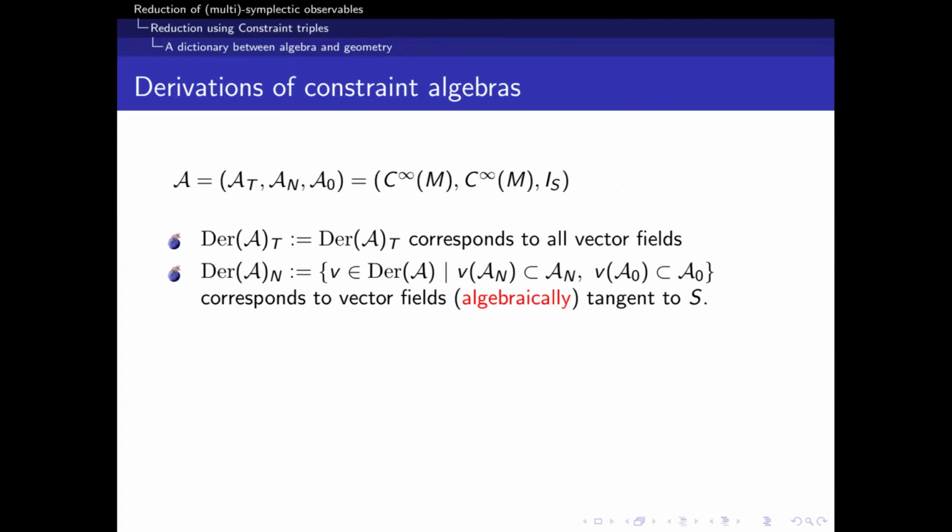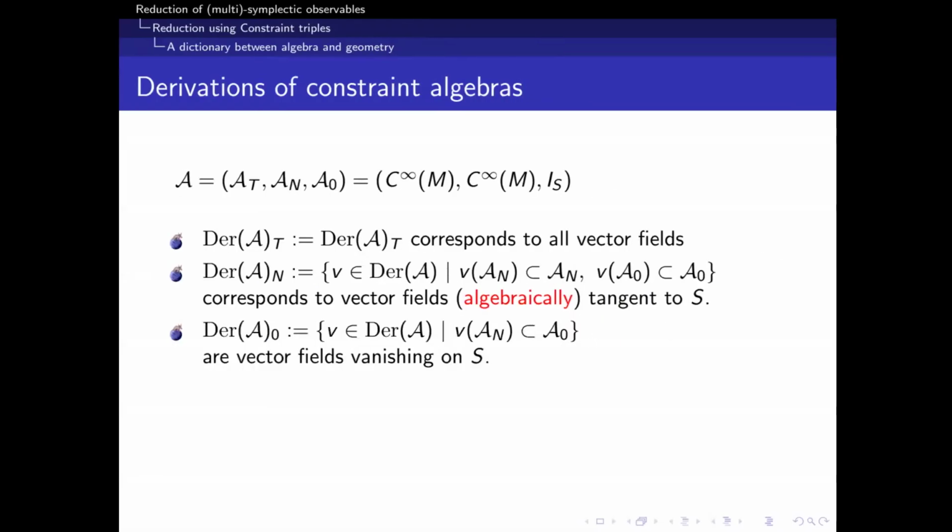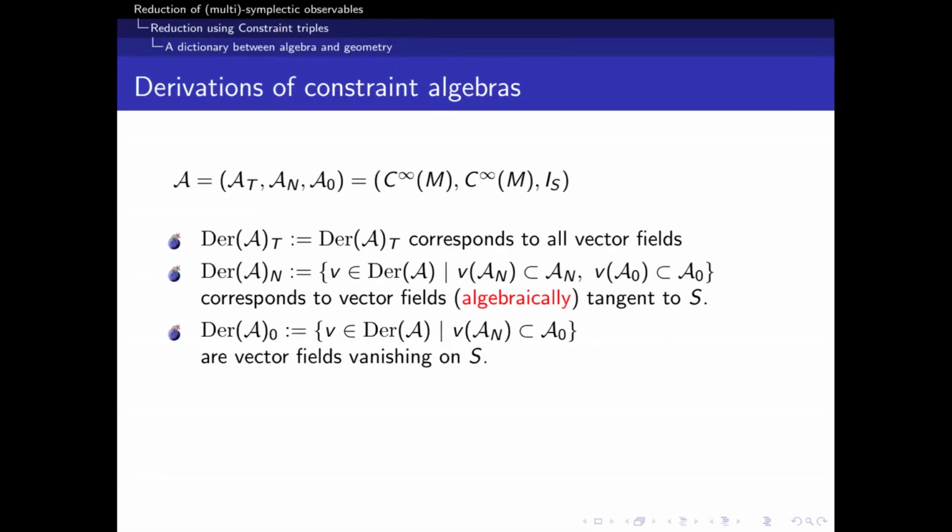So it just means that our vector fields are algebraically tangent to S. And the zero part, the type of vector fields which we shouldn't see in the quotient, which become invisible, are the vector fields which map anything to IS. So whatever function you start with, the resulting function will vanish on S, and those are just the vector fields vanishing on the subset.